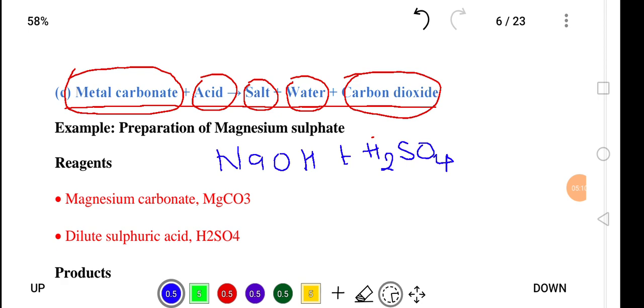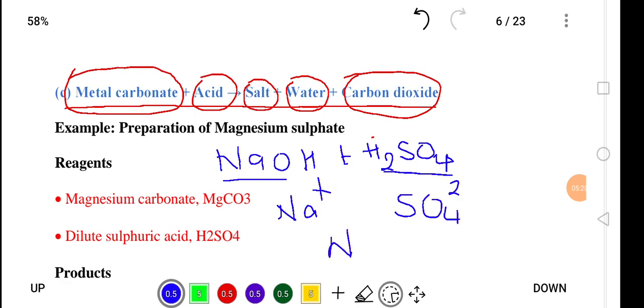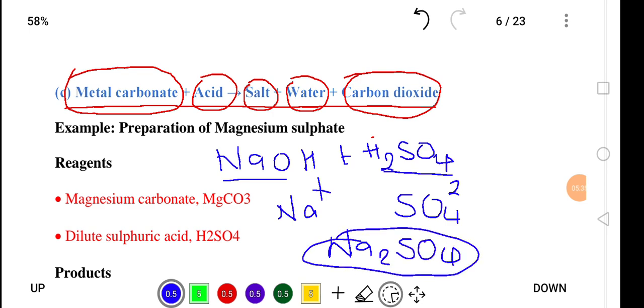For example, in solution of sodium hydroxide, when we mix it with sulfuric acid, the sodium ions will react with a sulfate ion to form sodium sulfate. This will be the salt which is going to be formed.